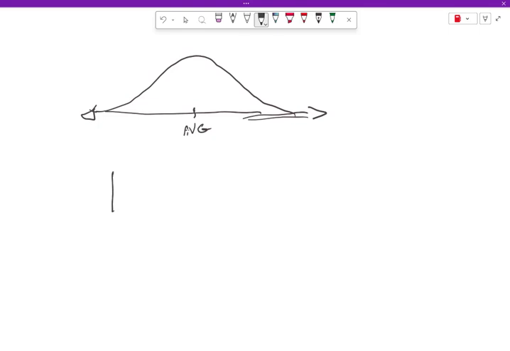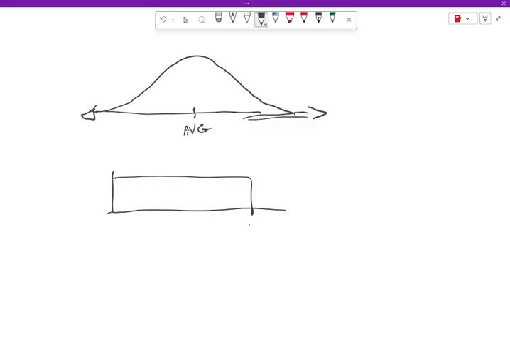And the simplest one that is continuous is a uniform distribution. There is no probability that's greater than the other. Every probability in here is the same. The height of the curve indicates the probability.